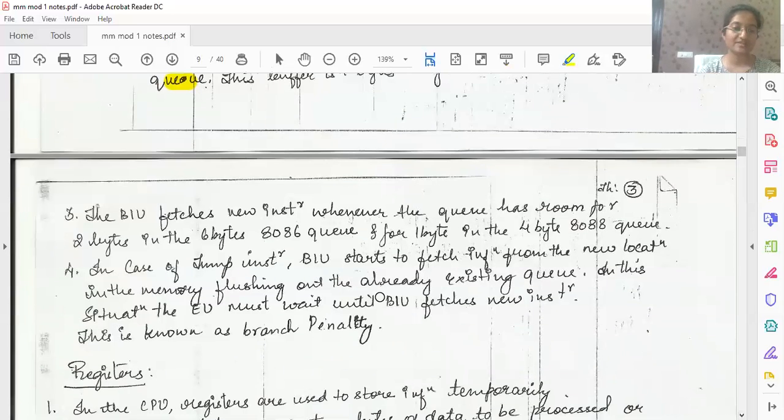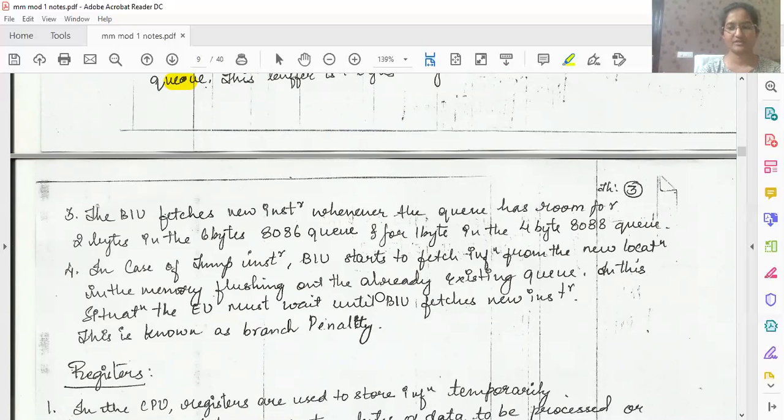Okay. Now what happens if there is a jump instruction? Whenever this processor comes across the jump instruction, the BIU will start to fetch the information from the new location in the memory, flushing out the entire already existing queue. Whatever may be the queue, it will flush out the entire instruction queue, and it will fetch the instructions from the new memory location where it has jumped to, right?